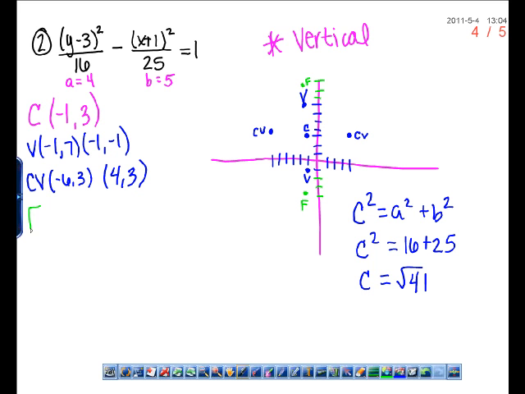So I need the coordinates of my foci now. Very good. Okay, now what can we do? Draw our box.